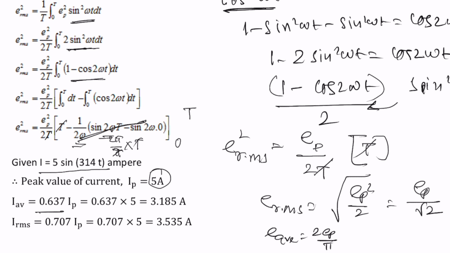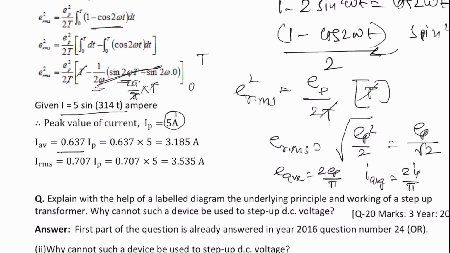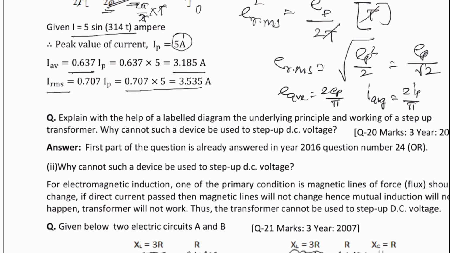So the average current is the same thing, average current equals 2 into I_P by pi, correct. So I_P is given, divide by pi and you get this much. The RMS is I_P by root 2. Okay, so this much you will get. So now it is very easy to answer.